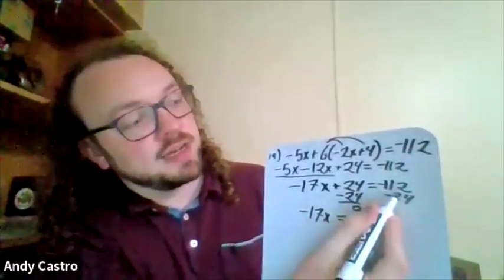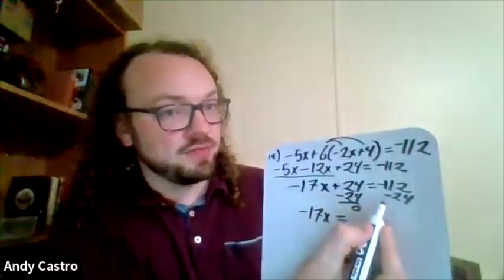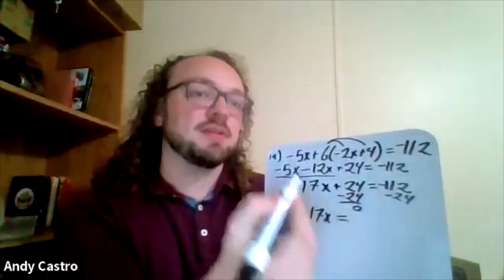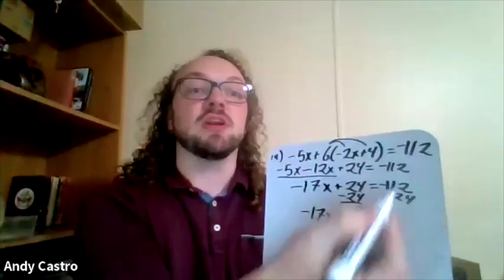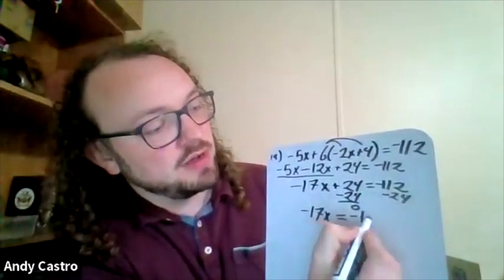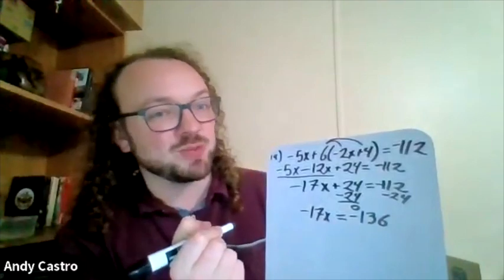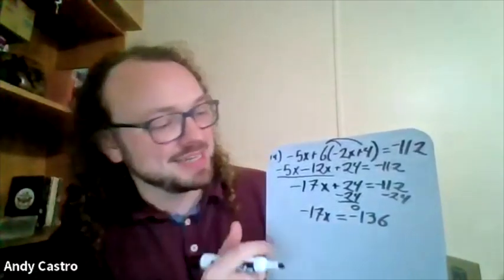And then on the right side, I've got -112 minus 24. They're both negative, so they're going to add together and become an even larger negative number. So it's going to be -136.